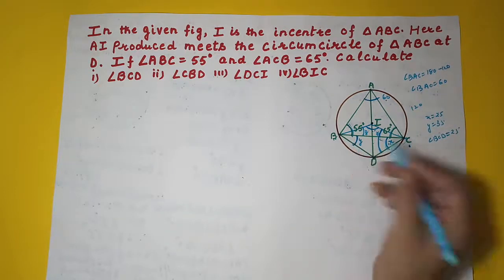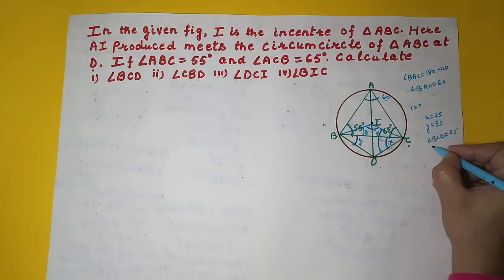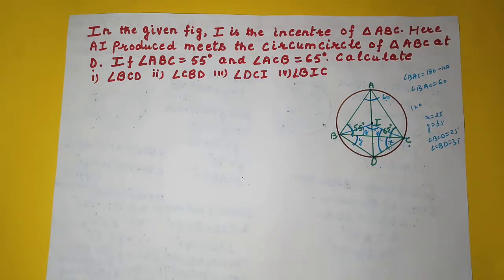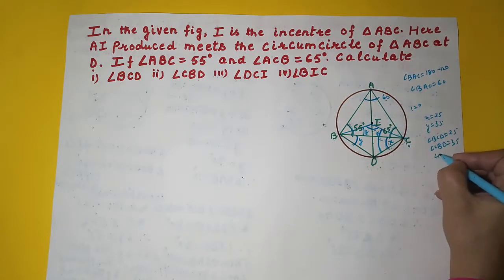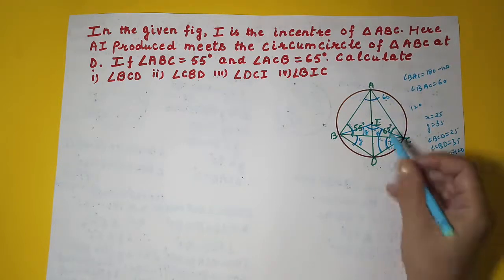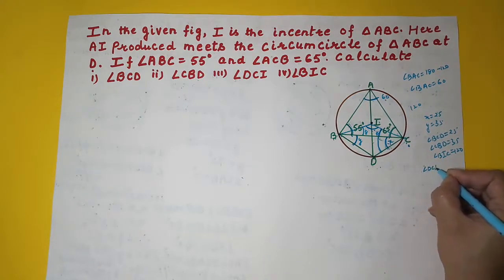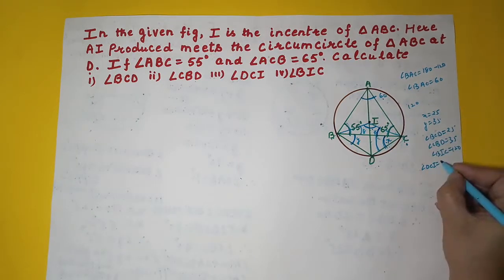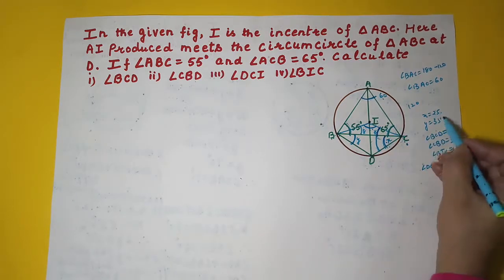We have calculated Y, which is CBD, and that is 35. Then we have to calculate BIC, which we have already calculated as 120. After that, we have to calculate angle DCI. So angle DCI is equal to this portion Z plus this portion X. Here our X is 25.